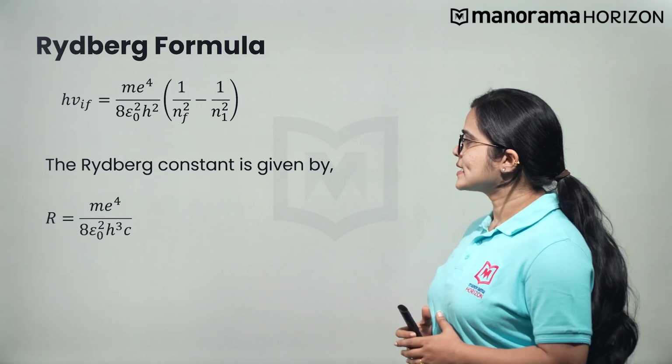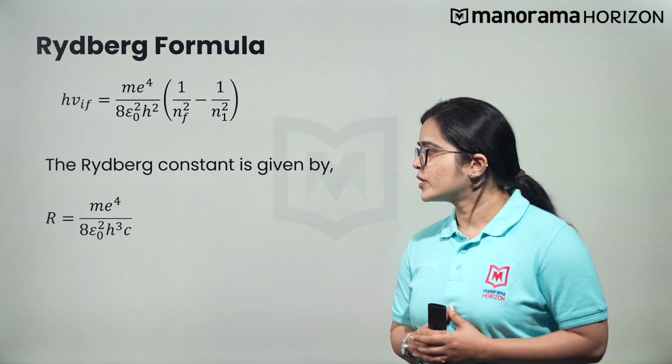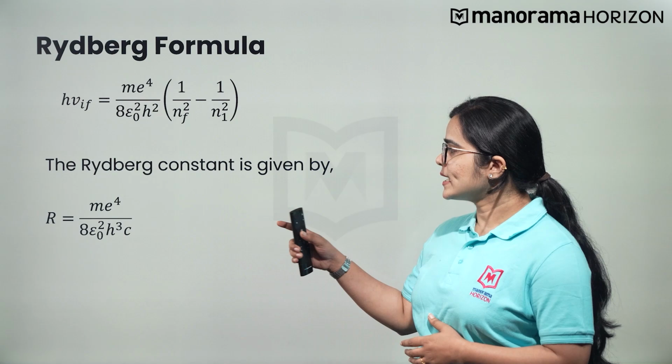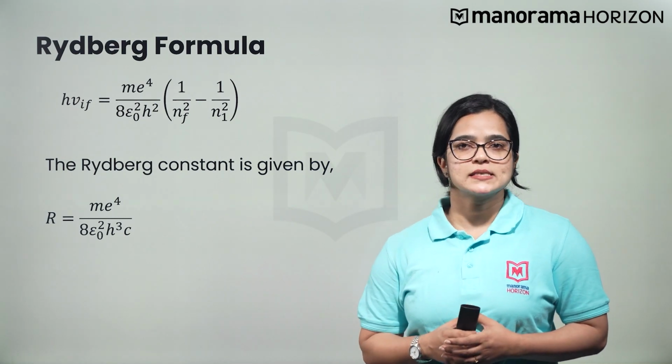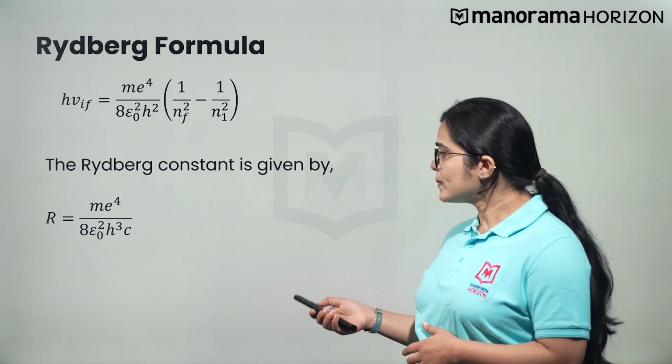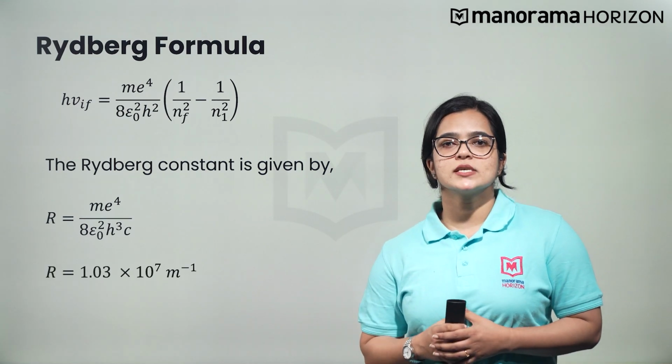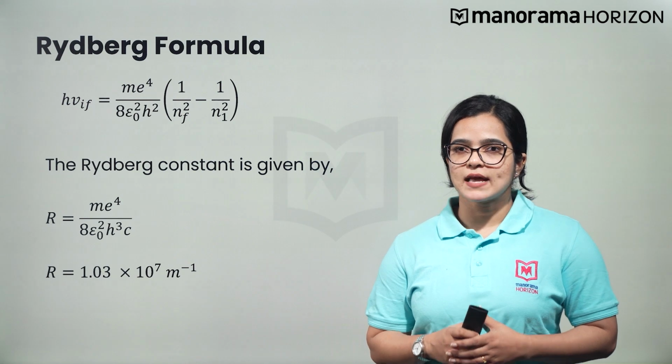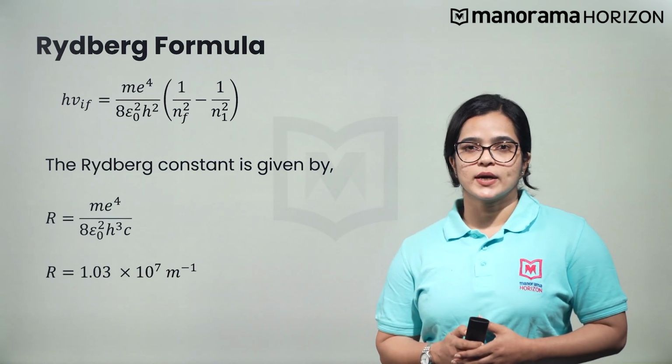The Rydberg constant is given by R is equal to m e raised to 4 divided by 8 epsilon 0 square h cube times c. Inserting the value of constants in this equation, the Rydberg constant value is 1.03 times 10 to the power 7 meter raised to minus 1.